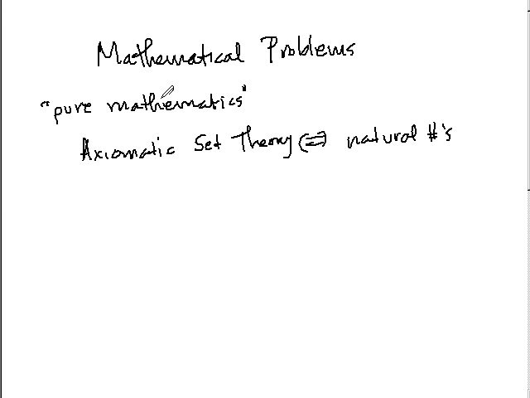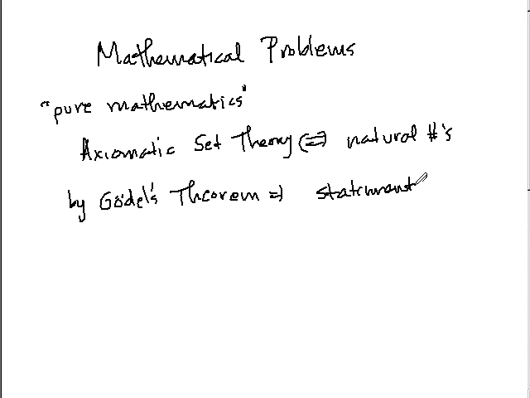But it is known that axiomatic set theory is not a complete system because of Gödel's result. Gödel's incompleteness theorem says there are statements which cannot be determined to be true or false.